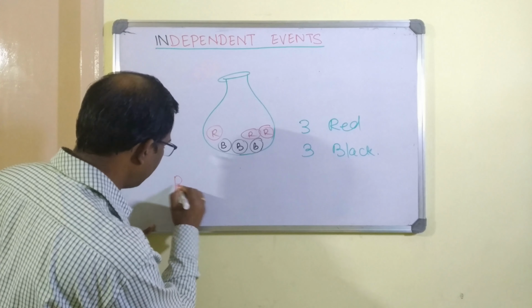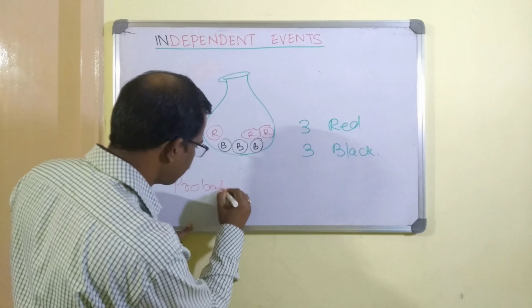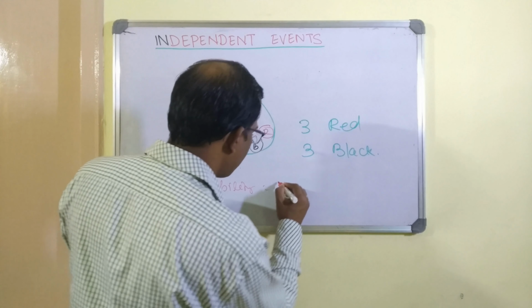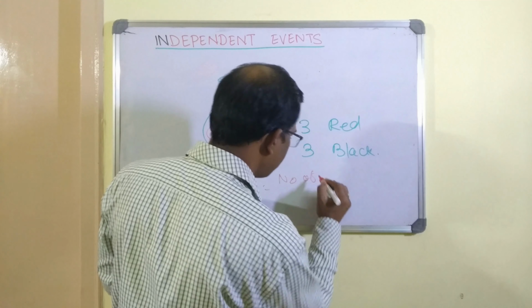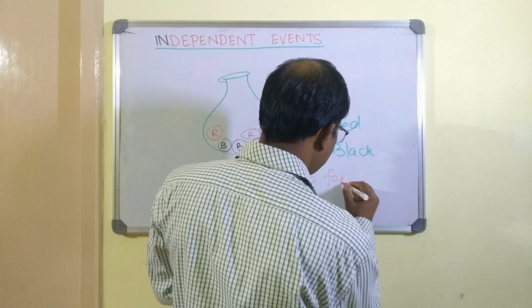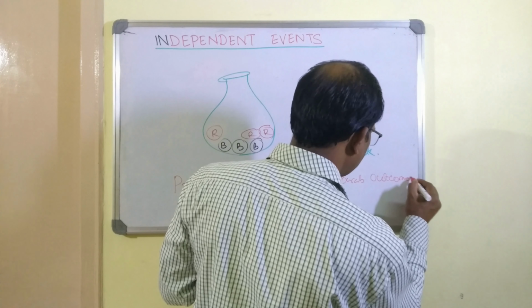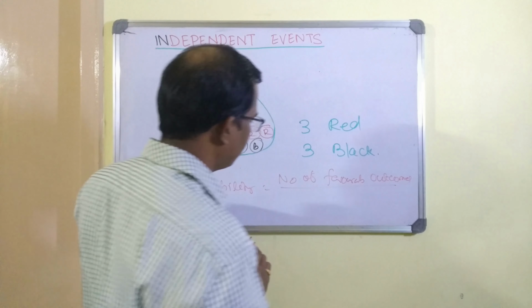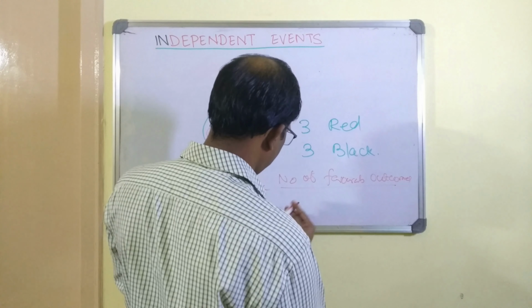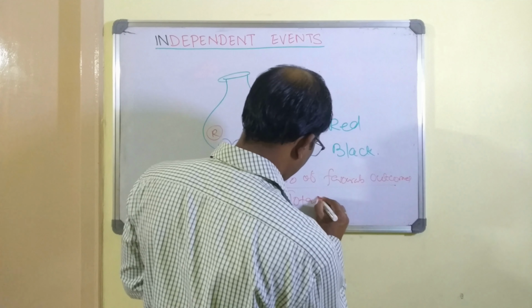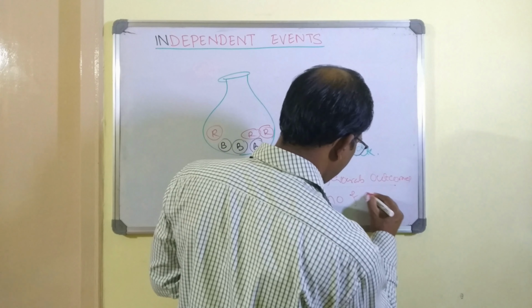Think about the probability formula. Number of favorable outcomes divided by total number of outcomes.